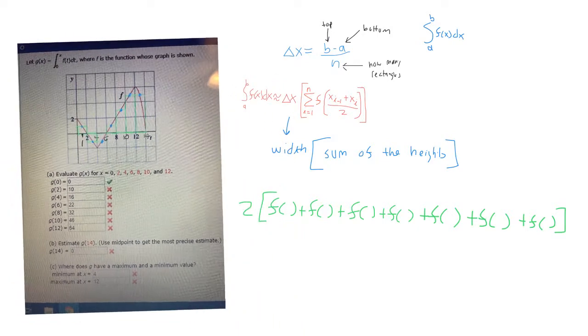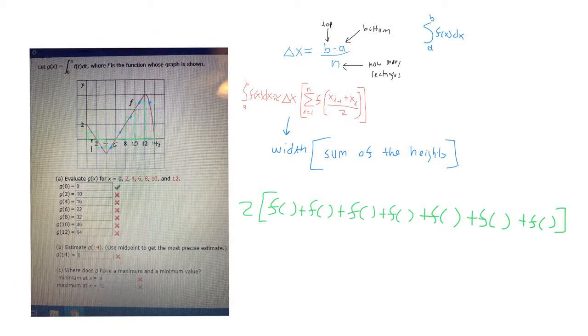Hopefully that makes sense to my student. Let's put in those x values, and since the x values correspond with the blue dots, I'm actually going to write it in blue. So that's going to be 1, 3, 5, 7, 9, 11, and 13.